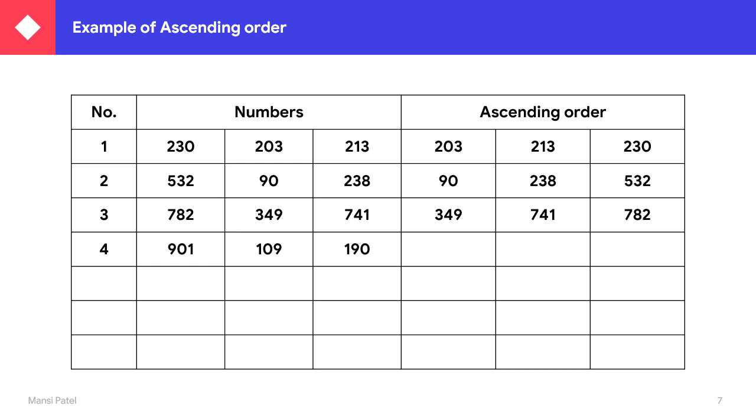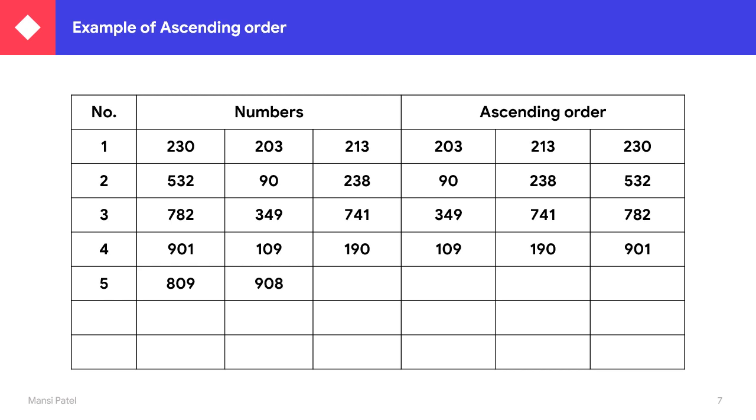So in these two numbers, 109 and 190, we have to see the second digit. In 109 the second digit is 0 and in 190 it is 9. So which one is the smallest number first? 109, then 190 and then 901.